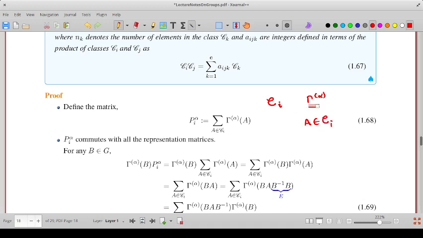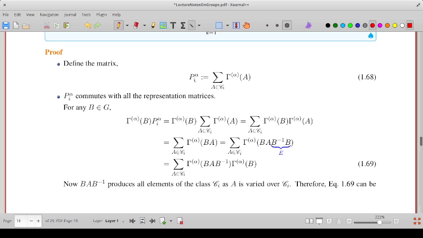Then in this representation, the representation matrix of A will be gamma alpha A. Then I take the sum of these matrices over all elements A in Ci and call it the matrix Pi alpha. So that is this definition.